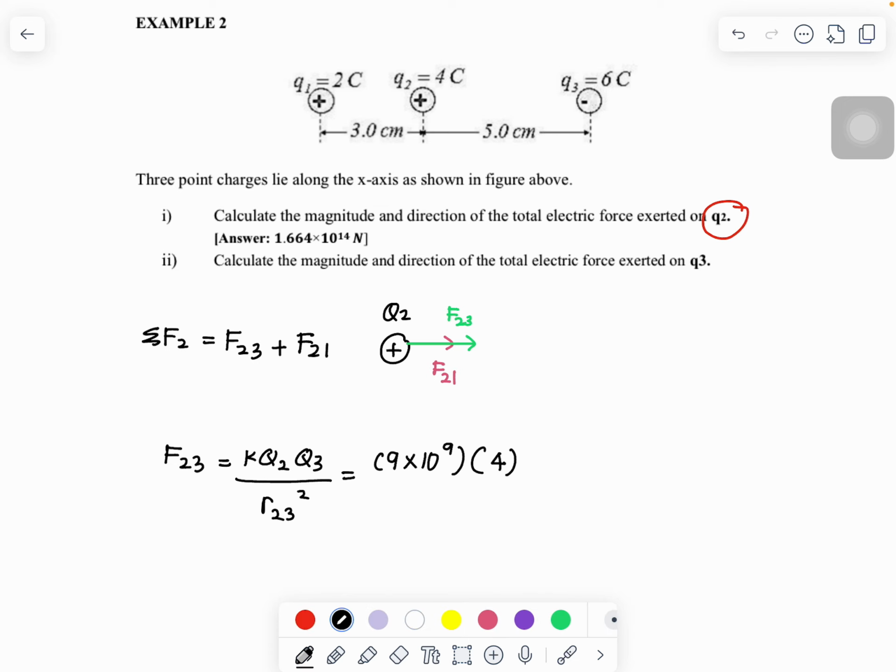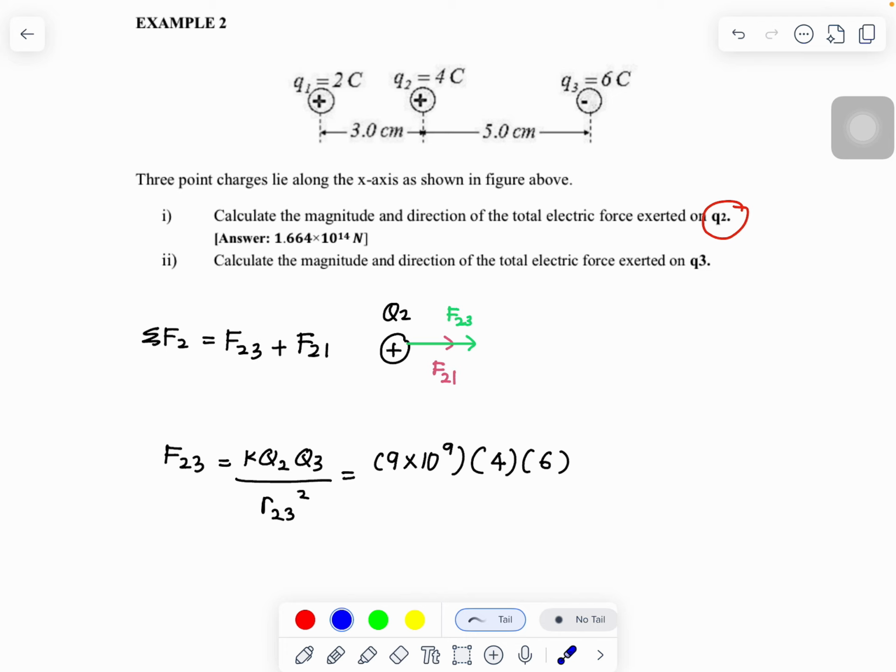So for force, again, we don't need to include the sign negative. We need to include the direction but not the sign. Apa beza dia? Okay, kejap lagi kamu akan nampak lah. Okay, so dekat sini dia negatif, tapi kita tidak letak dia punya negatif sebab direction dia adalah based on what we draw.